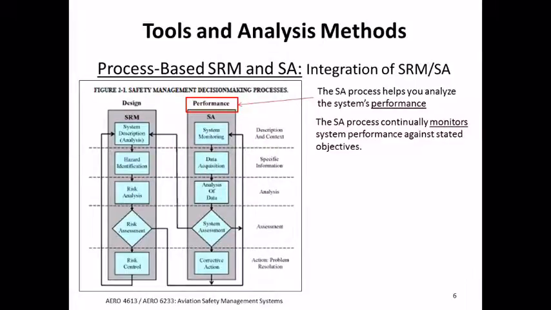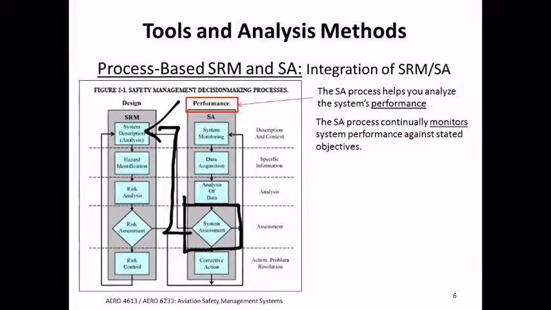When you identify a new hazard in the SA component, that goes to the start of the SRM process for analysis. So here we are, we're sledding. We determine through system assessment that we have a new hazard.